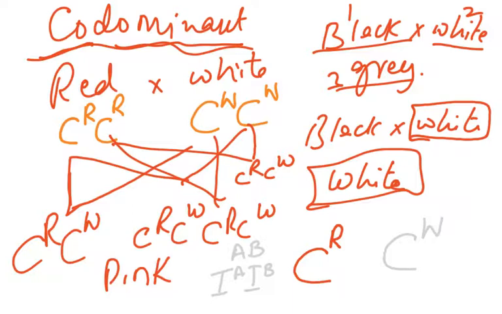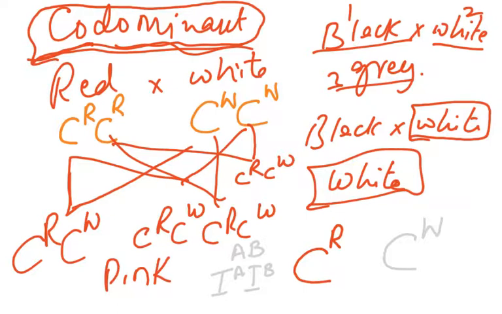So this is called the phenomena of codominance. Please understand, codominance means both traits, both phenotypes, when they are both present together, both of them show their effect. Like if you mix red paint with white paint and you get a shade of pink, or if you mix black paint and white paint and you get a shade of grey.